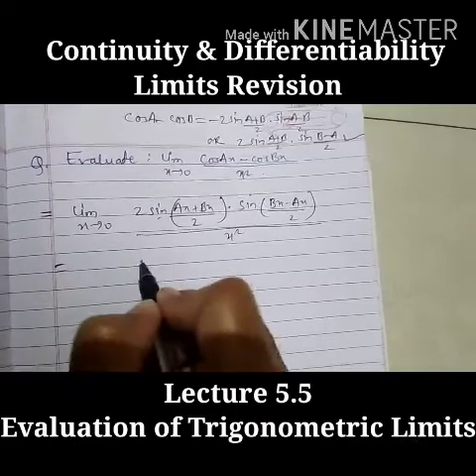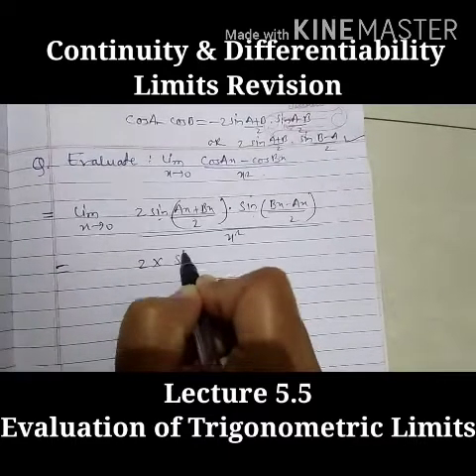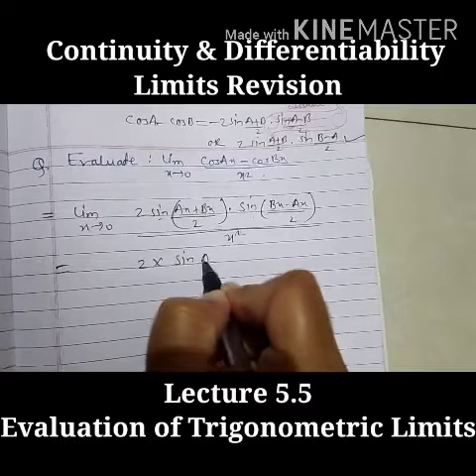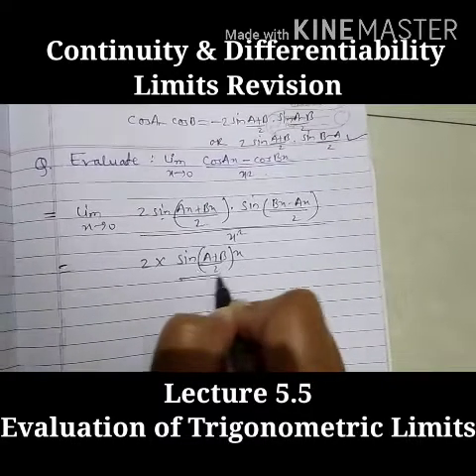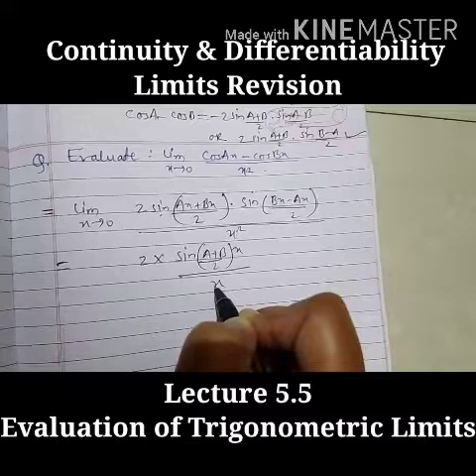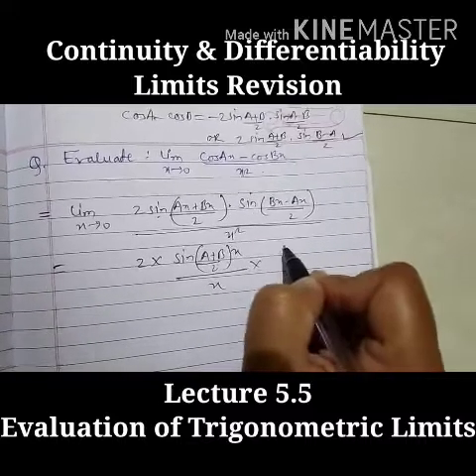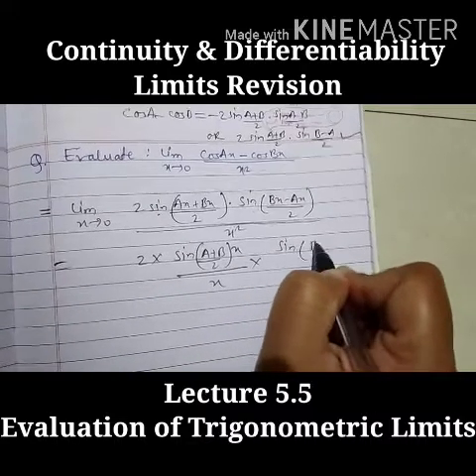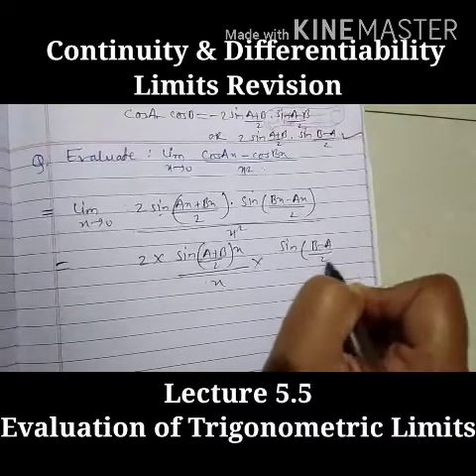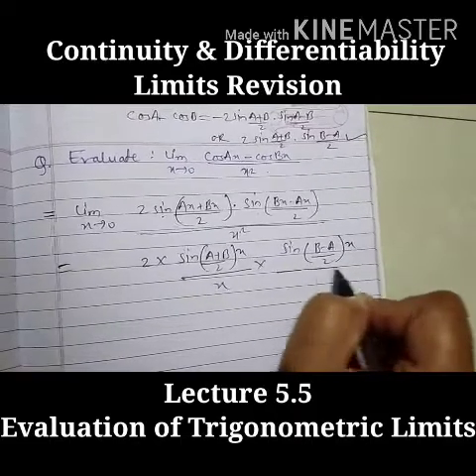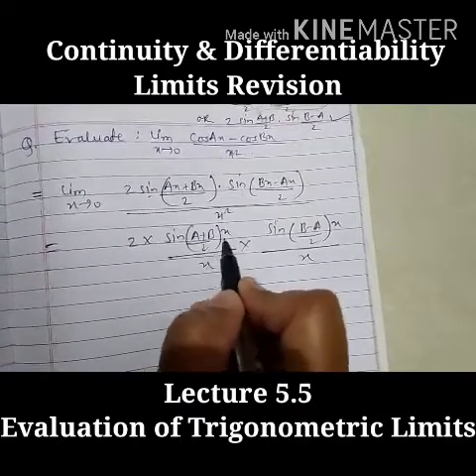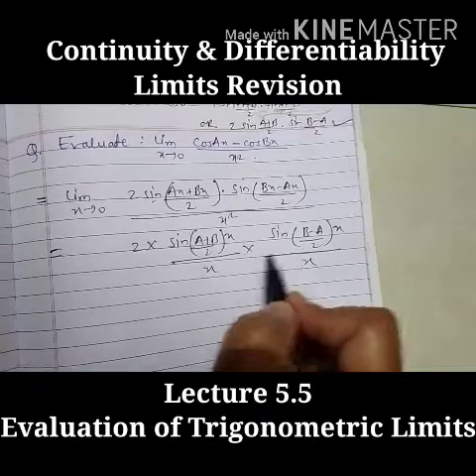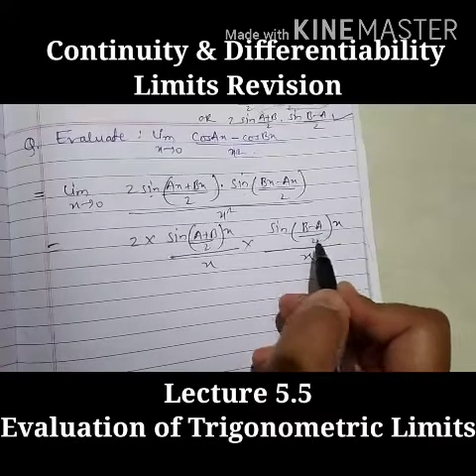Now we have 2 into sine of a plus b by 2 into x upon x, one x I will take here, into sine of b minus a upon 2 into x upon x.